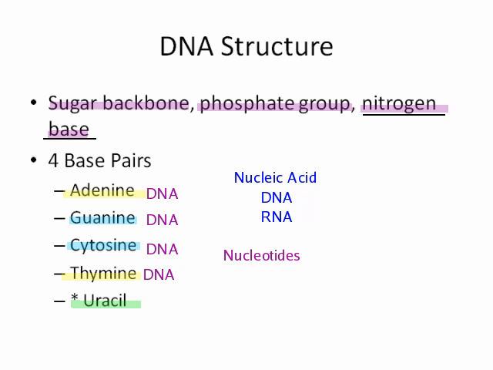Uracil is a part of RNA, and we also see adenine, guanine, and cytosine as parts of RNA. Thymine is not a part of RNA.